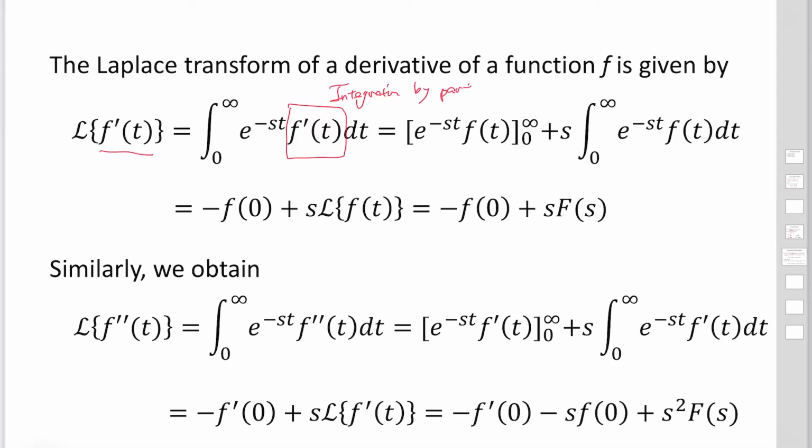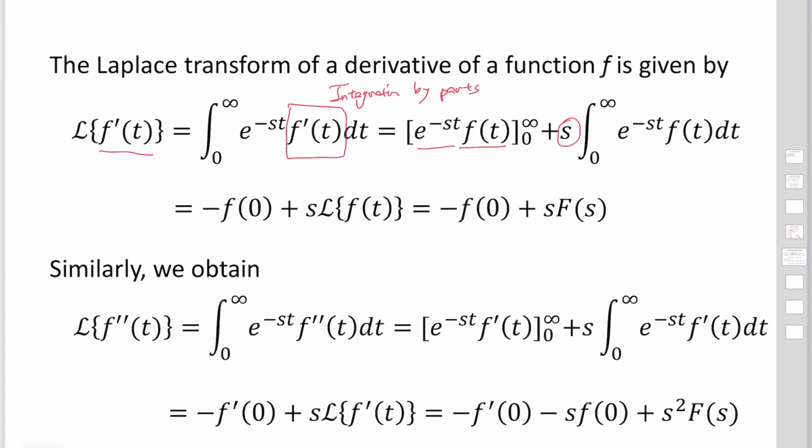We get f(t) times exponential minus st, plus the derivative of the exponential minus st produces the minus s, and minus s becomes a positive s, times the exponential minus st f(t) dt.